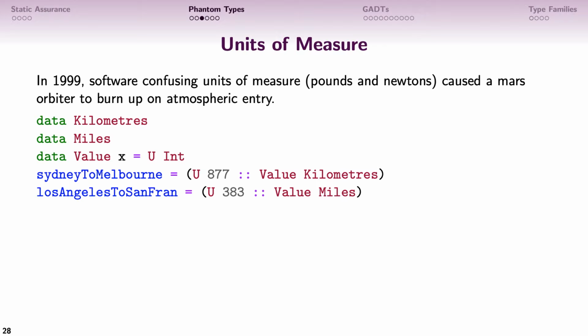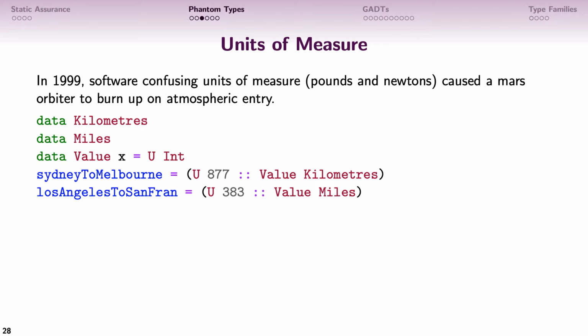In 1999, there was some software on a Mars orbiter that caused it to burn up on atmospheric entry because it confused units of force. It had some force measurement, and it assumed that it was in pounds, I believe, because it was written by American software developers, but it was actually in newtons because that's the standard measurement of force in physics.